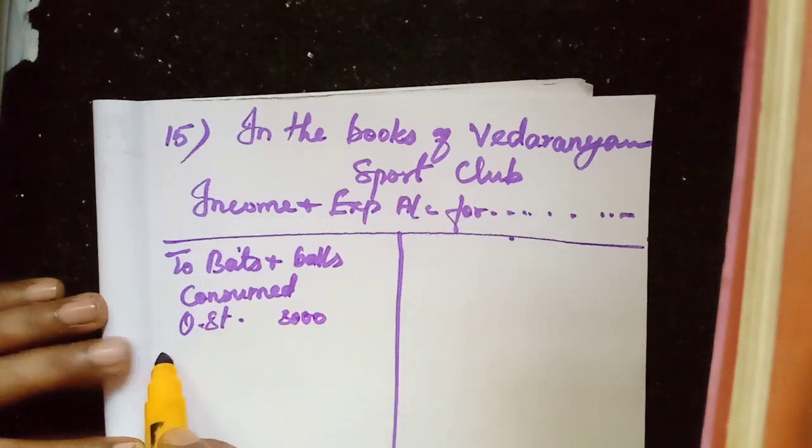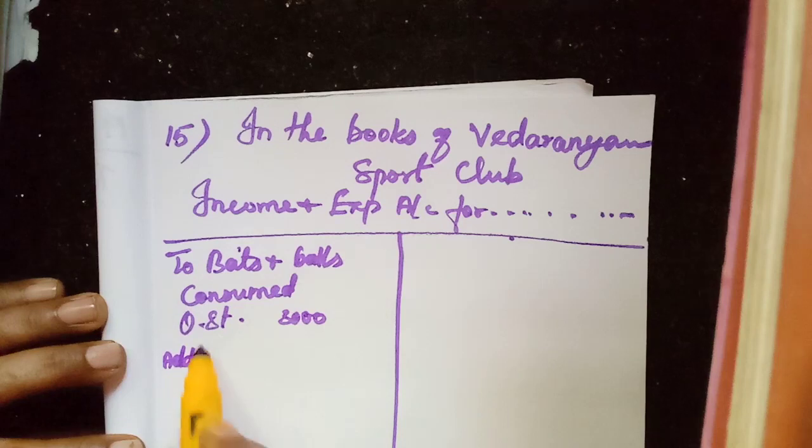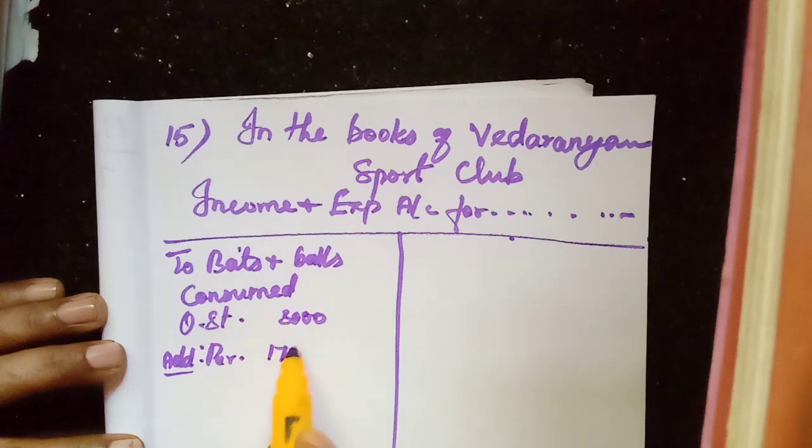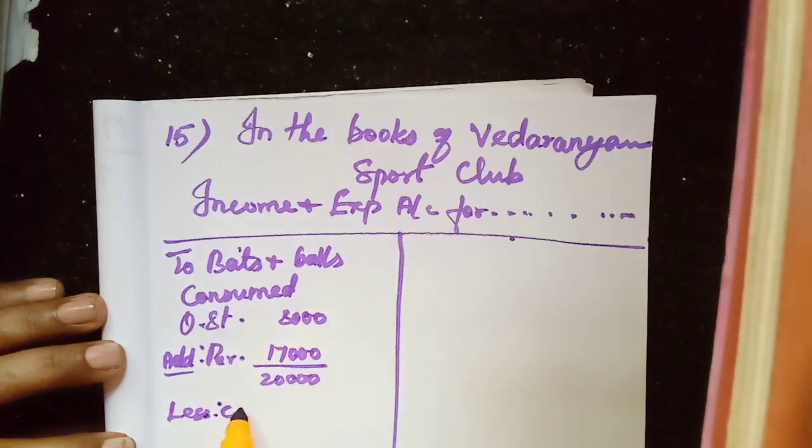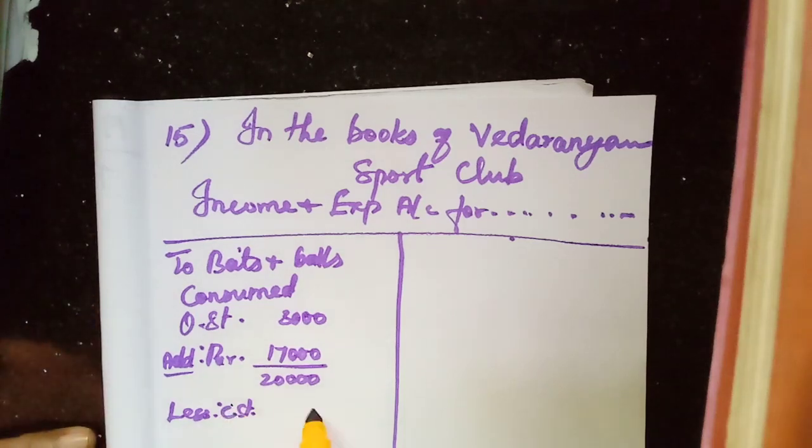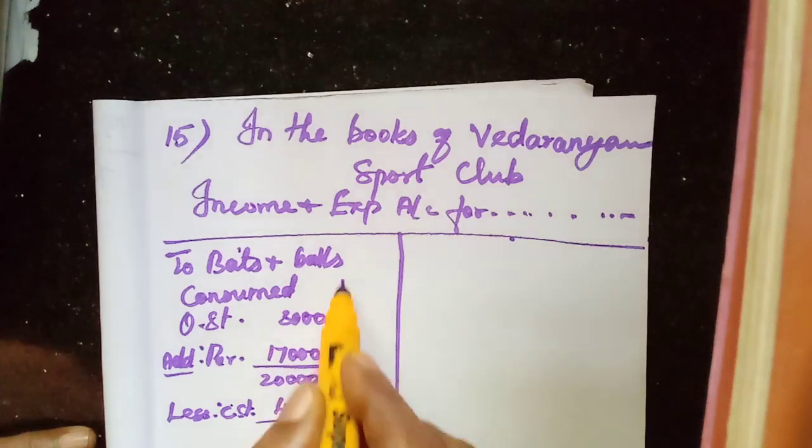Then add purchases 17,000. So 20,000, less closing stock. Closing stock of bats and balls 4,000. So 16,000 we should write here.